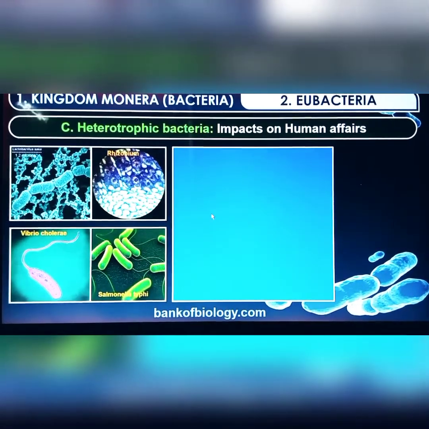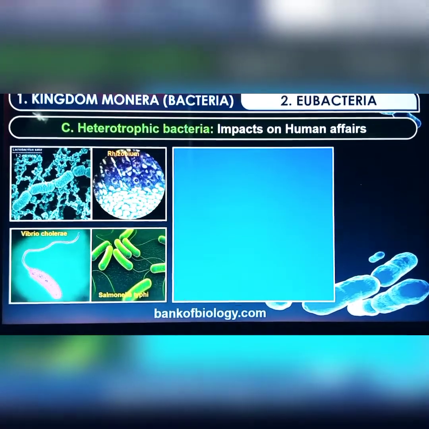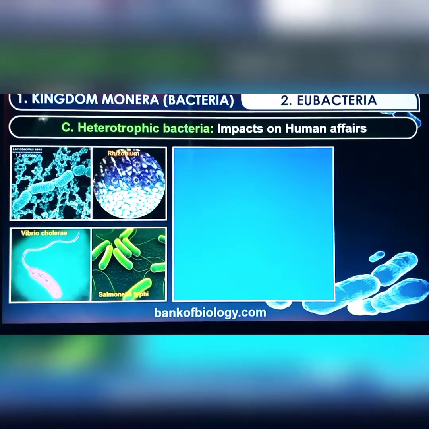You can see here this is Lactobacillus, a kind of bacteria that is found in your stomach, and it is also a part of your curd, and it can maintain the flora of your stomach.